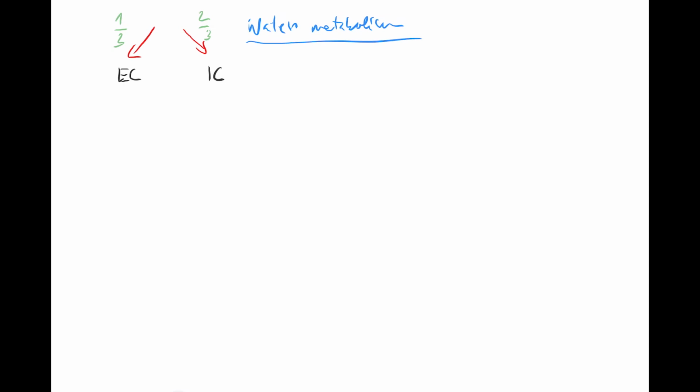And then the extracellular space still divides into what? Intravascular space and interstitial. Very good. I'll put the IC still here so that we have them next to each other.